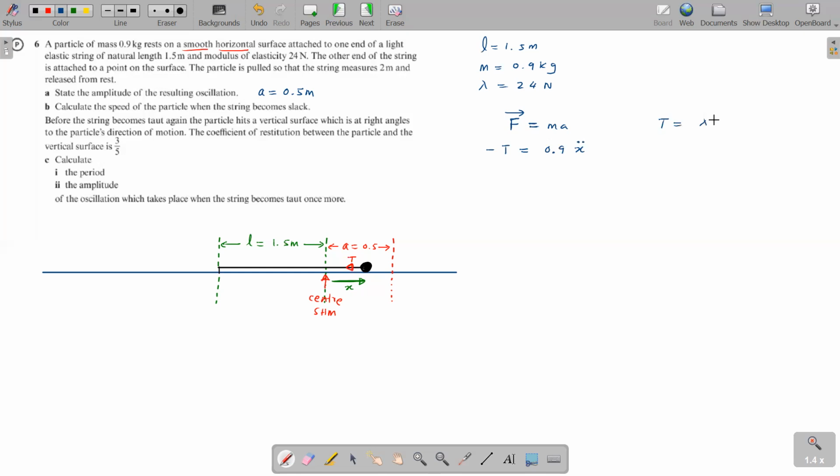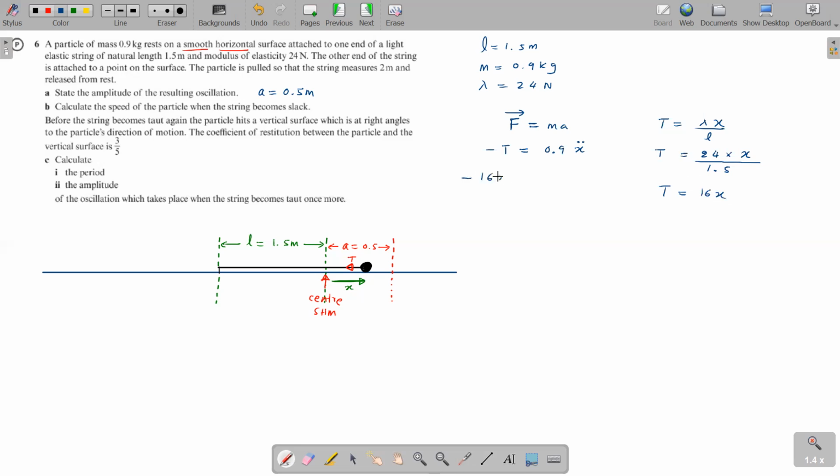Let's get the tension, lambda x over L. Lambda is 24 into x, the distance the string has stretched beyond the natural length, over natural length L, which is 1.5. Are you with me? How much is the tension? 24 divided by 1.5 is 16.